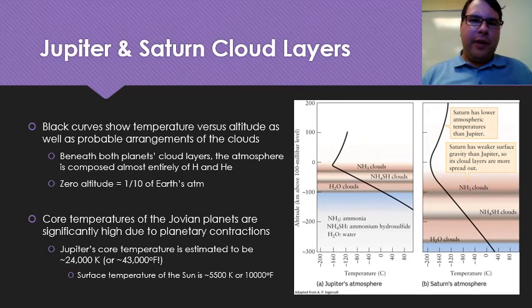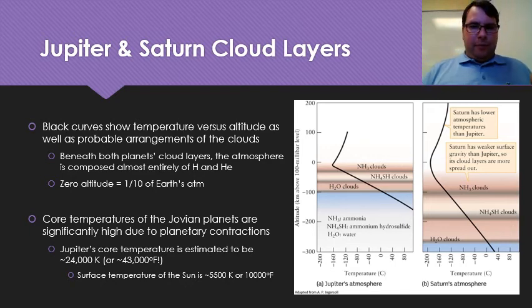So as we look at the cloud structures on both Jupiter and Saturn, we notice that we actually see very similar structure. So both have very similar chemical composition in terms of ammonia clouds, ammonium sulfide clouds, hydrogen mixed in with oxygen, so we have water clouds. We have all types of really, really cool structure.